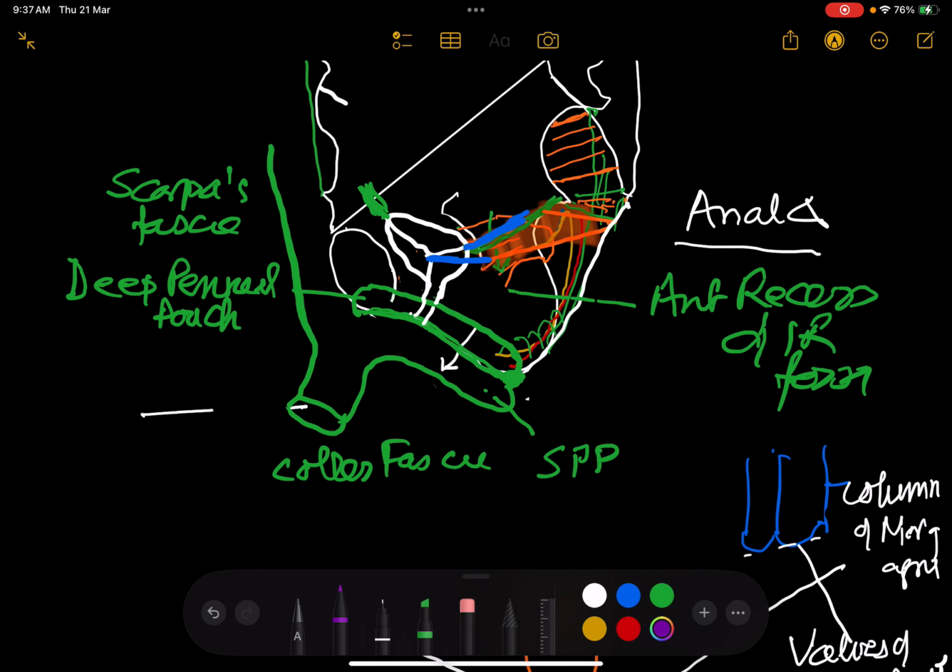So coming from the anterior abdominal wall, deep inguinal ring is the vas deferens, which crosses the ureter like this, goes down, and is joined by the duct of the seminal vesicles. So here will be the seminal vesicles, and with vas deferens joining the seminal vesicles where the sperms are stored, they end into the bladder.